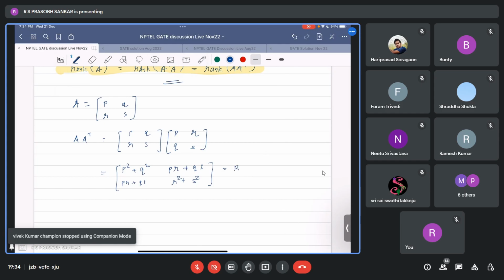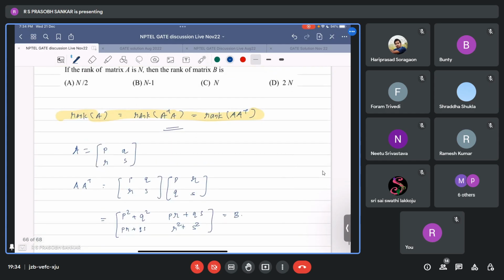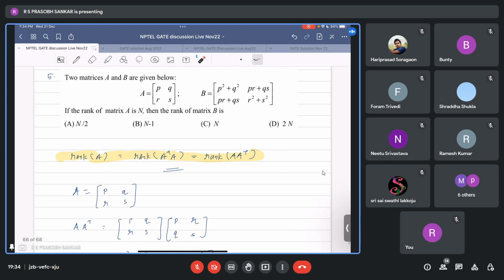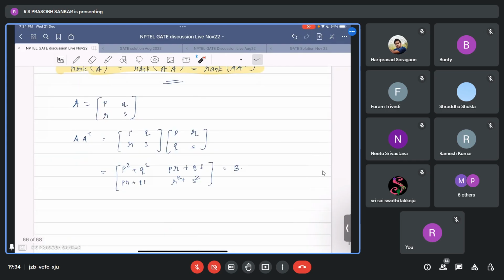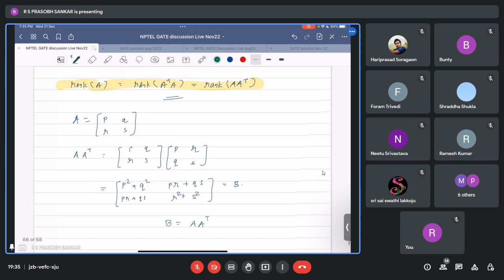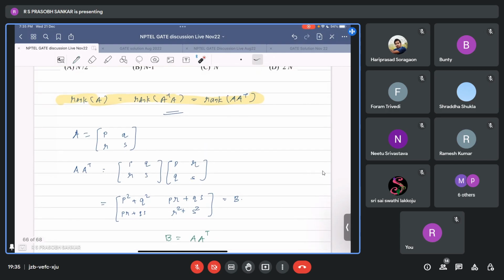Since they are given this matrix B here, we can see that we can write B as A transpose A. Furthermore, we also know that rank of A is the same as rank of A transpose A, which is also the same as rank of A transpose.